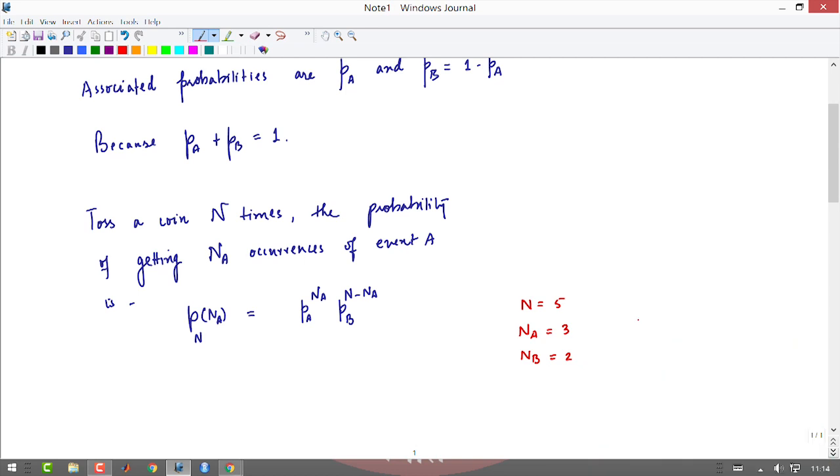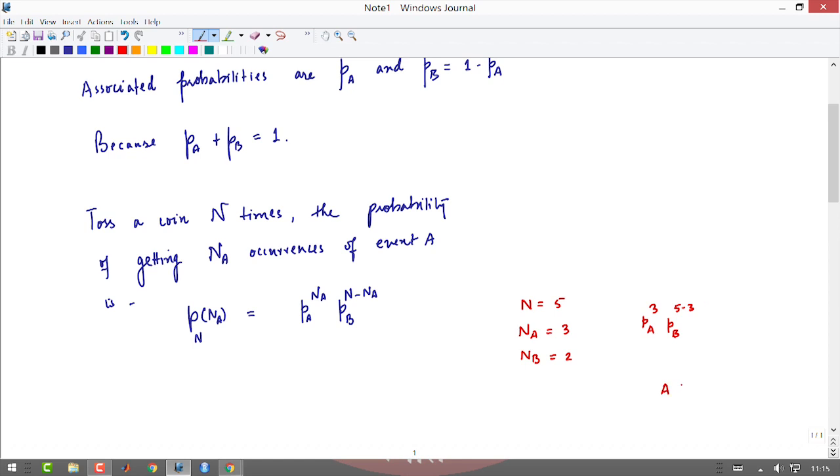Well, you can say that the toss probability is P of A, which is 1/2, I know it is 1/2, raised to the power 3, and for each time, I mean out of a total 5, if there were 3 heads, there were also 2 tails. So, the probability of 3 heads and 2 tails, the joint probability, is P_B to the power 5 minus 3, which is 2. Okay.